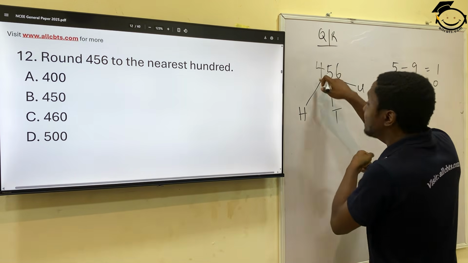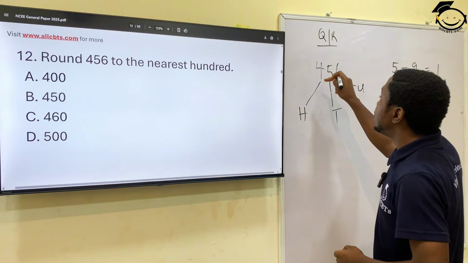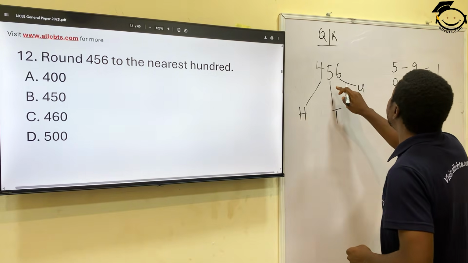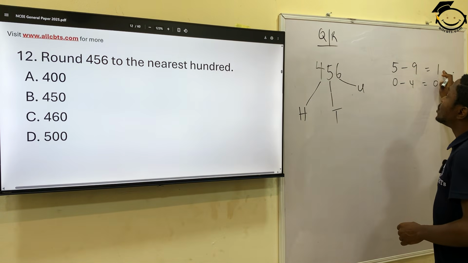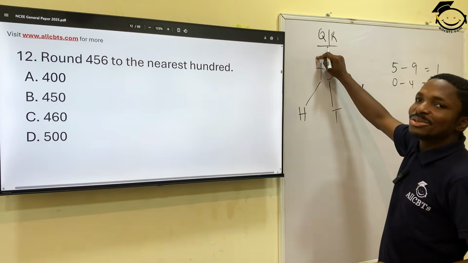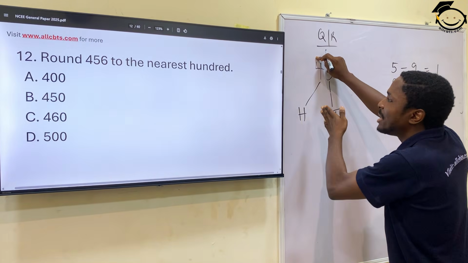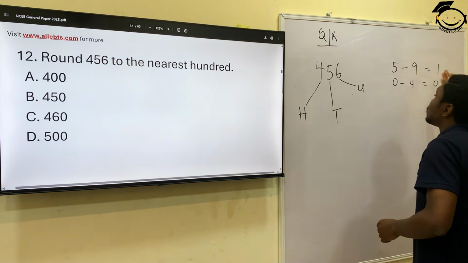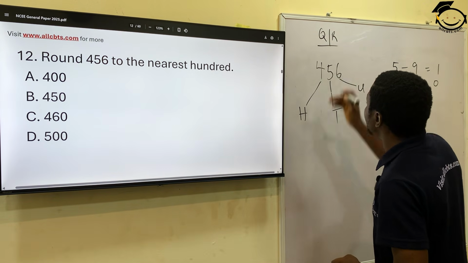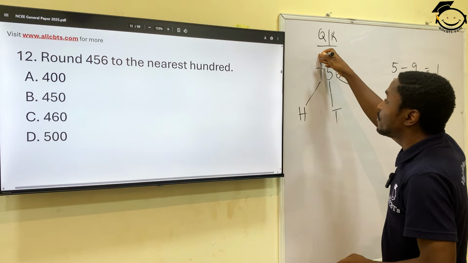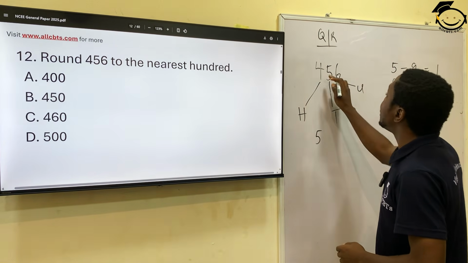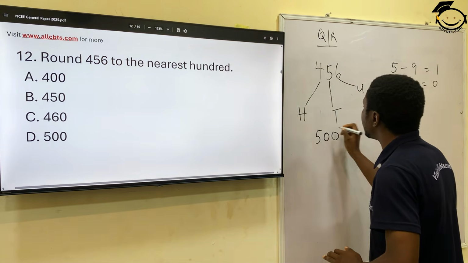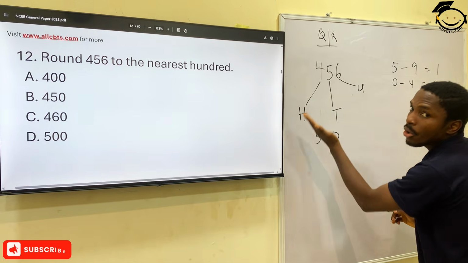So the number before 4, which is 5, is between 5 to 9, so round it to 1 and add it to the number we are rounding, which is 4. So it becomes 5. Then every other number behind it becomes 0, so 0, 0.